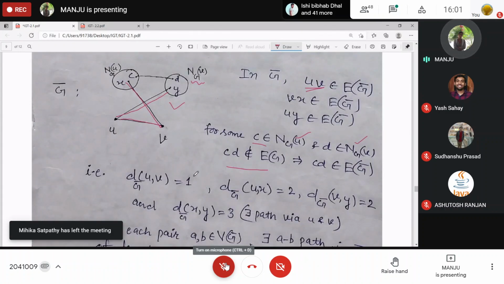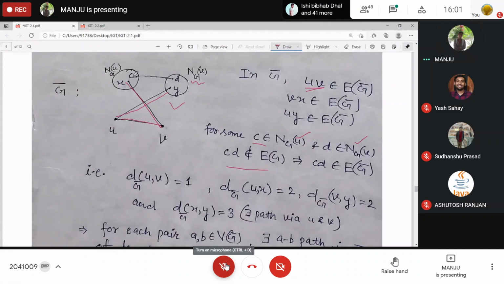So what can be the maximum distance? Here 1, here 2, here 2. And what about X and Y? X and Y were adjacent in G, but these are now connected via V, U and Y. So what is the maximum possible distance? There is no other path connecting X and Y. So what can be the maximum possible distance? 3, right?